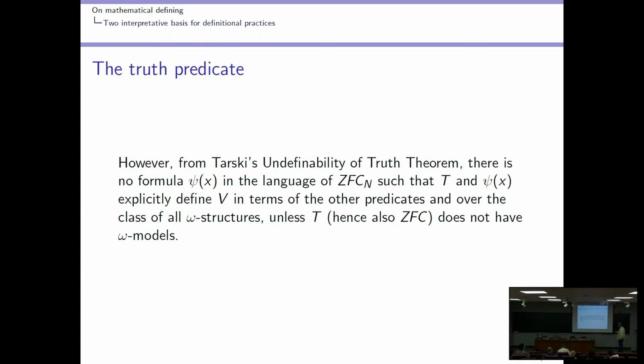So I have basically written this here. There is no formula in the language of the FCN such that T and psi explicitly define V in terms of the order predicates and over the class of all omega structures, unless T, and hence also ZFC, does not have omega models.